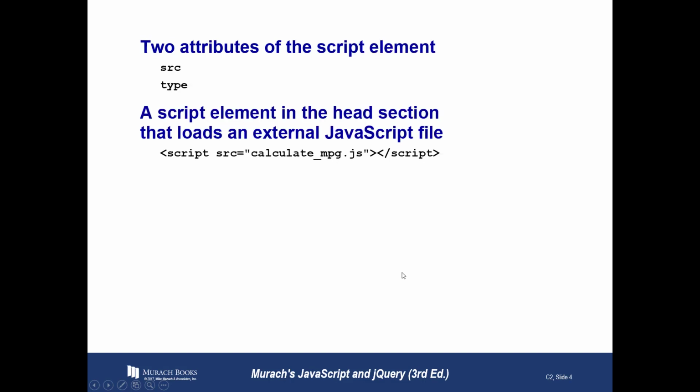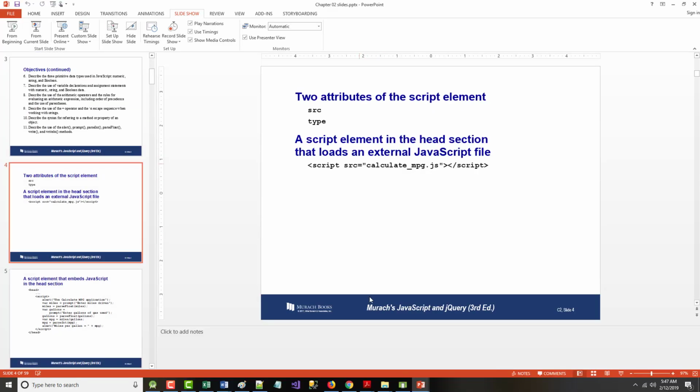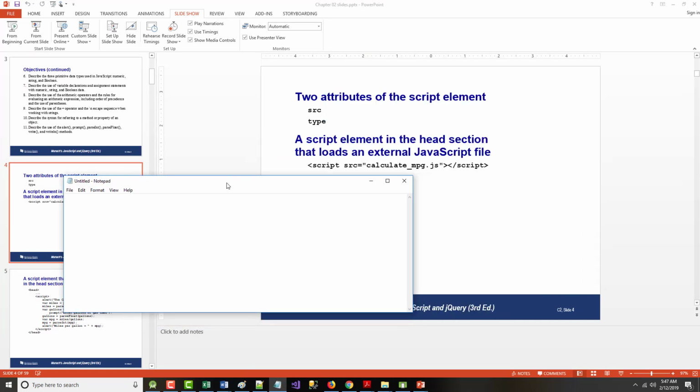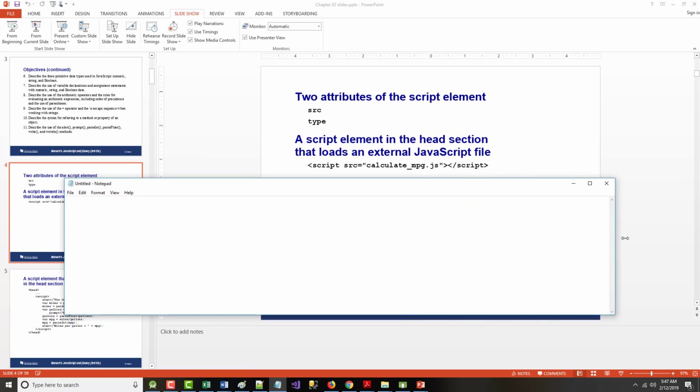So, as it says right there, the script element has 2 different attributes for it. Now, I want to show you this, because typically, let's suppose for a second that I wanted to add a JavaScript file that was just called script.js.